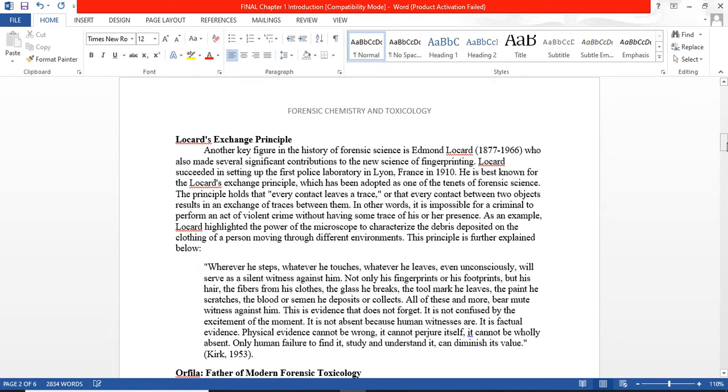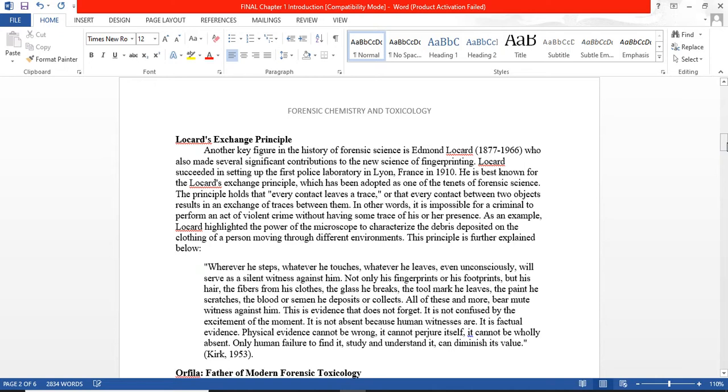He is best known for the Locard exchange principle, which has been adopted as one of the tenets of forensic science. The principle holds that every contact leaves a trace. Every contact between two objects results in the exchange of traces between them.